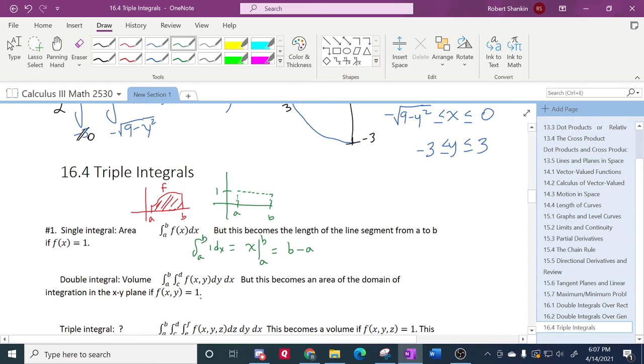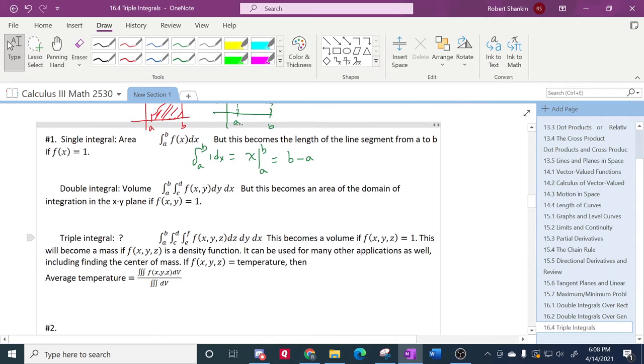Alright, so now let's go to the interpretation of a triple integral. Well, this can always be thought of as an area. This can always be thought of as a volume. Triple integral can't always be thought of as something. It can really vary.